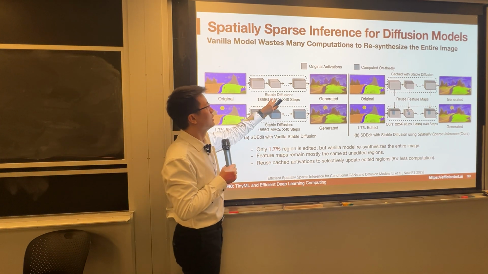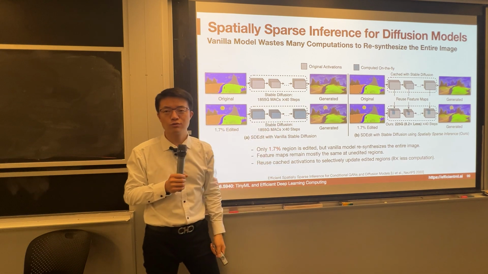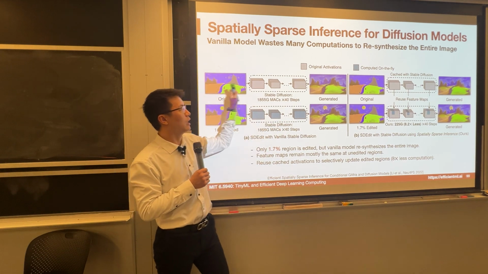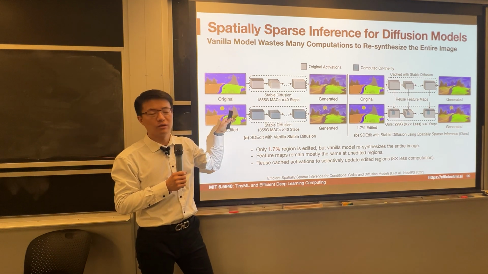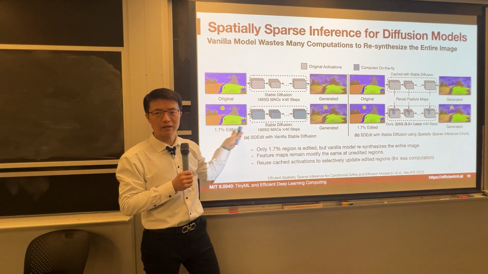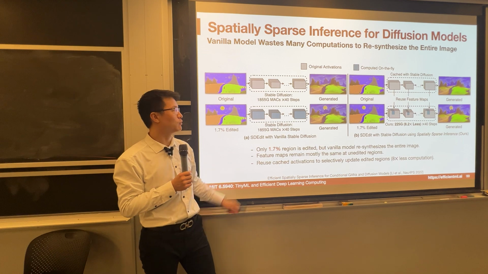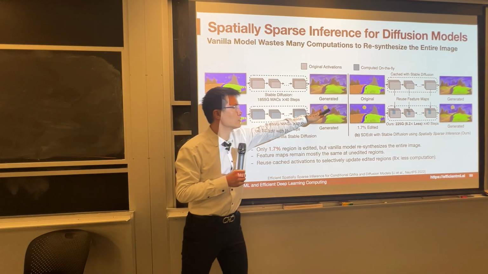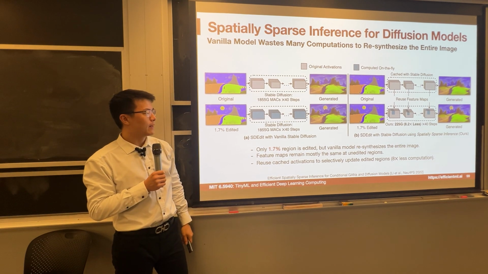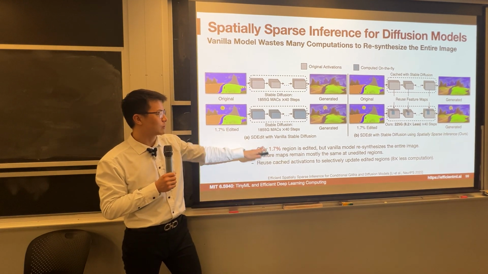Stable diffusion, when trying to generate a new style, needs to work on the entire image. But after we make some edit, rather than running on the entire pixels again, we only run sparsely where it gets edited, to generate the sun or the moon, so that we can save the computation.